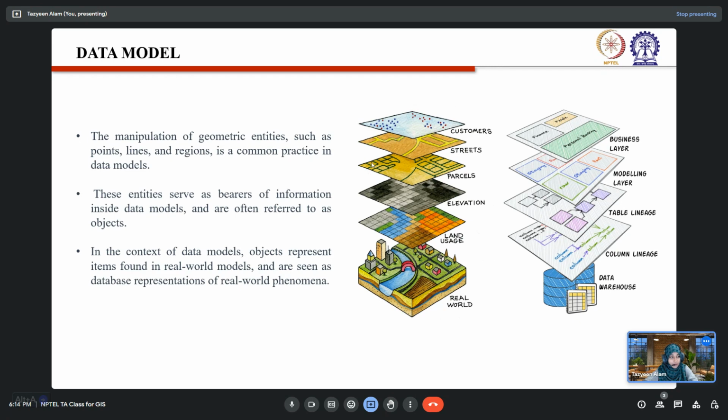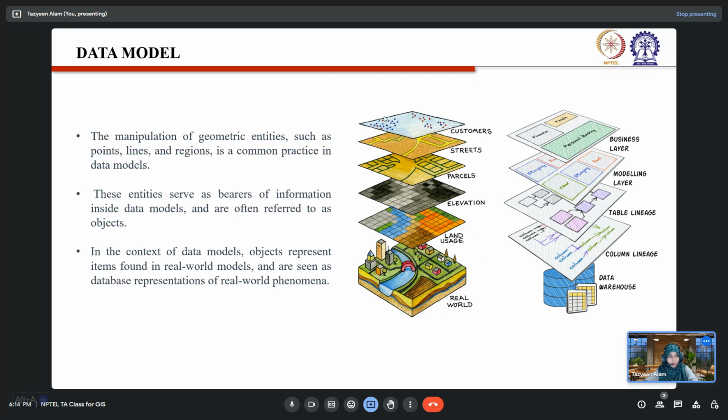Then we have a vector version of our real world where the parcel of land division is represented in the form of polygons. Then we have streets. Our streets are represented in the form of lines as well as polygons, which again represent a part of the real world, as you can see in the bottom.